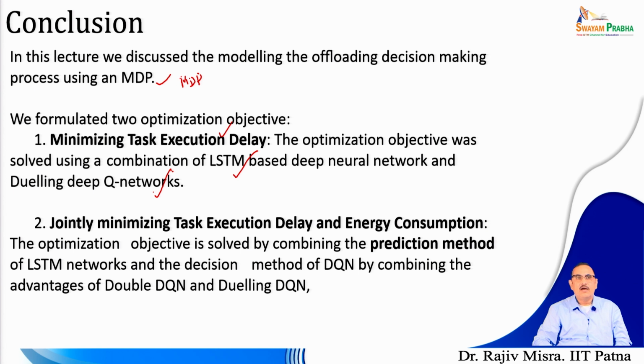Then we saw another objective, jointly minimizing the task execution delay and energy consumption. The optimization objective is solved by combining the prediction model of LSTM and the decision model of DQN, combining the advantages of double DQN and dueling DQN.